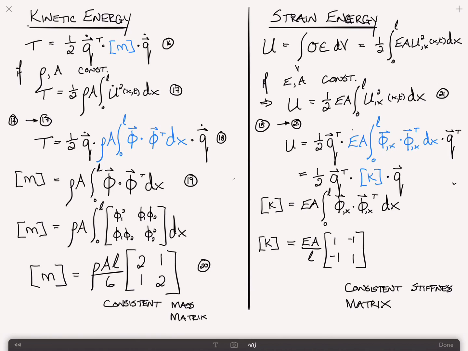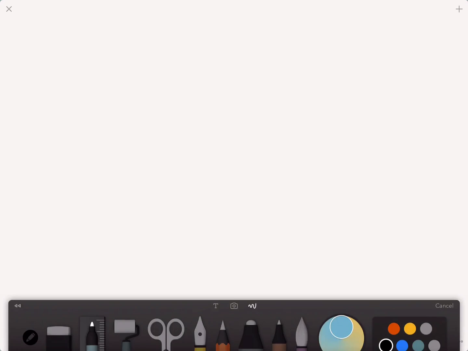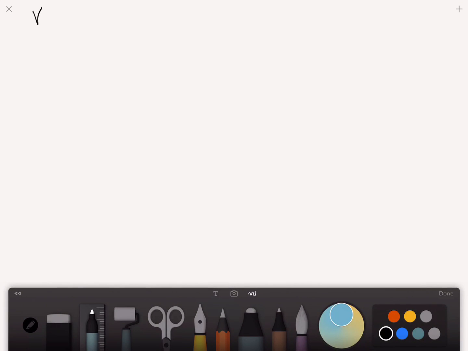Okay, so finally what we need to do is account for the distributed load, and we need to convert that into nodal forces. Again, consistent nodal forces. And for that we turn to the principle of virtual work. So we look at virtual work.